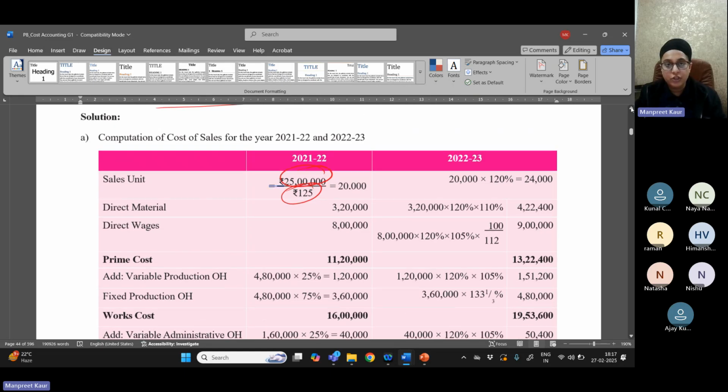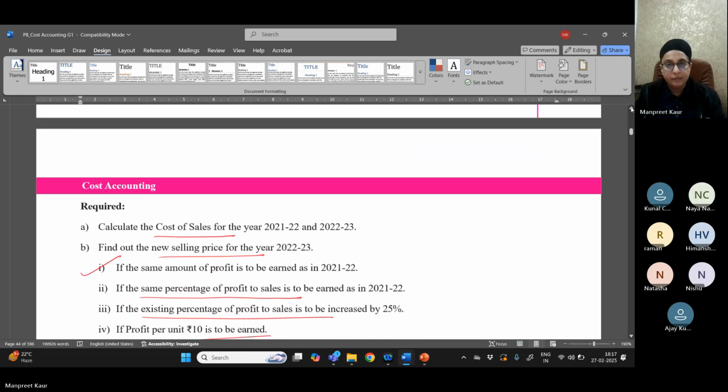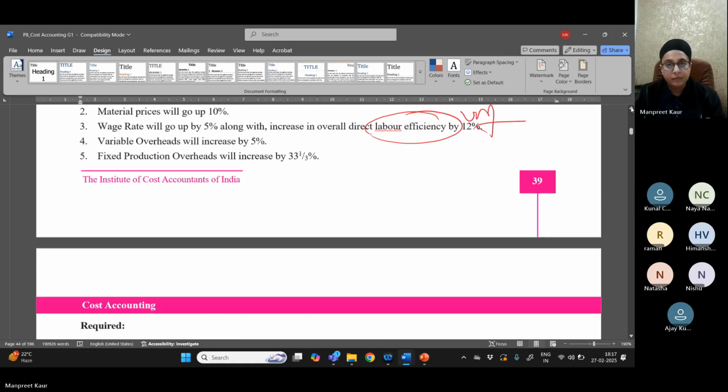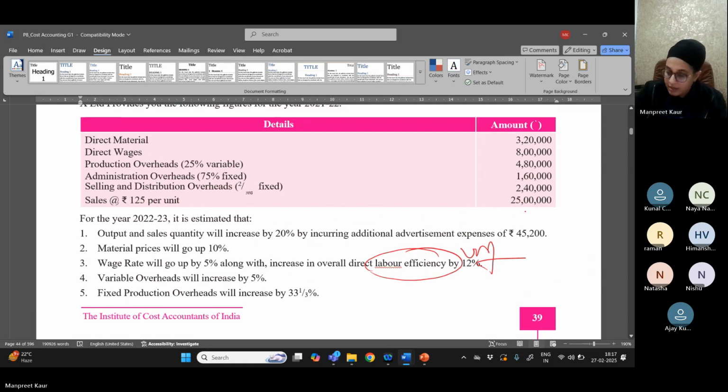Again, we will look at the question. Sale is 25 lakh and sale per unit is rupees 125.